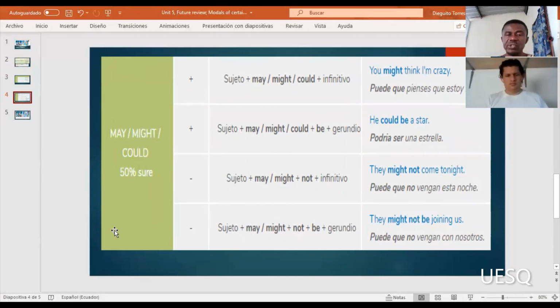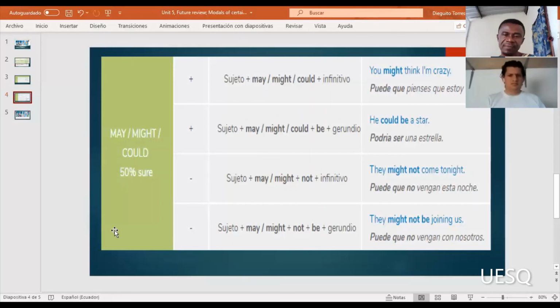With might in the positive, you choose the subject first, might, may, could, plus infinitive, or the subject, might, may, could, plus be, plus the gerund. Then you have the negative form: subject plus may, might, plus not, plus the infinitive. You have examples there.